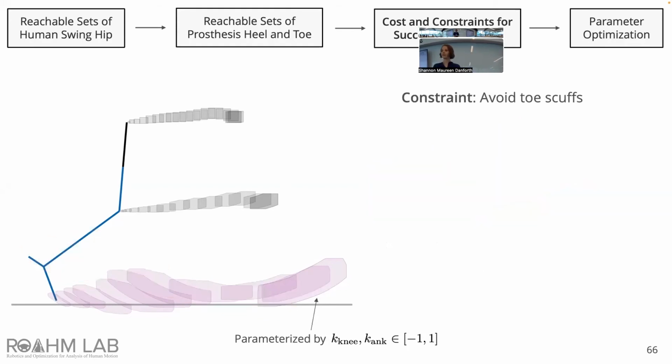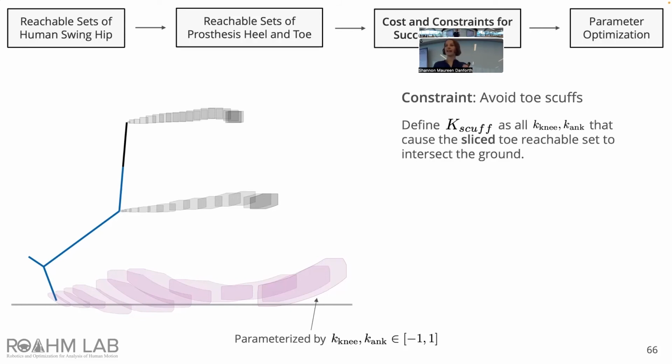So then our constraint for safety is going to be to avoid toe scuffs as we're recovering from the trip. As you can see here, those purple reachable sets have places where they intersect with the ground. And so we define k scuff as all k knee and k ankle that cause the sliced toe reachable set to intersect with the ground.